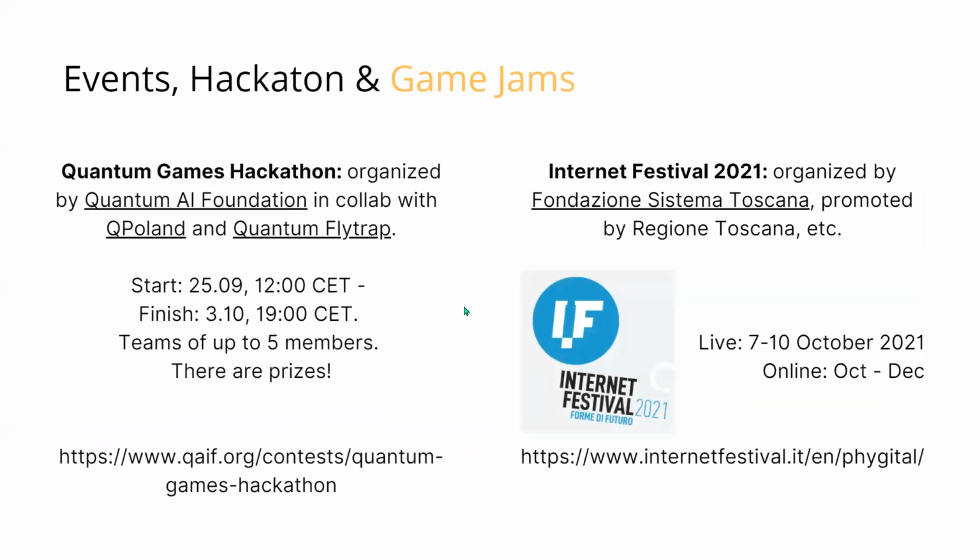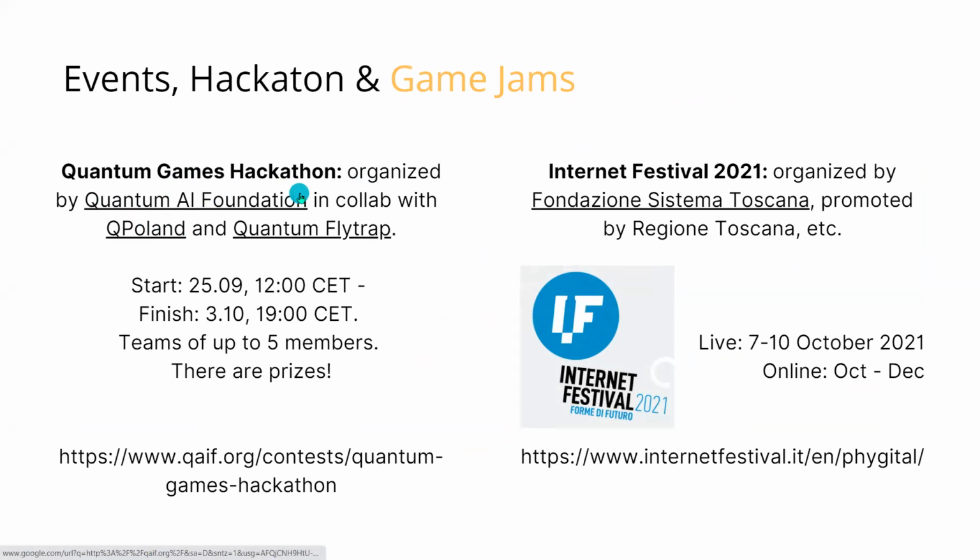Okay, so about some events. The Quantum Games Hackathon, organized by Quantum AI Foundation with QWorld and Quantum Flytrap, that is happening right now. Then the Internet Festival 2021, organized by Fondazione Sistema Toscana, that is next month, and they had a Quantum Game Jam last year.